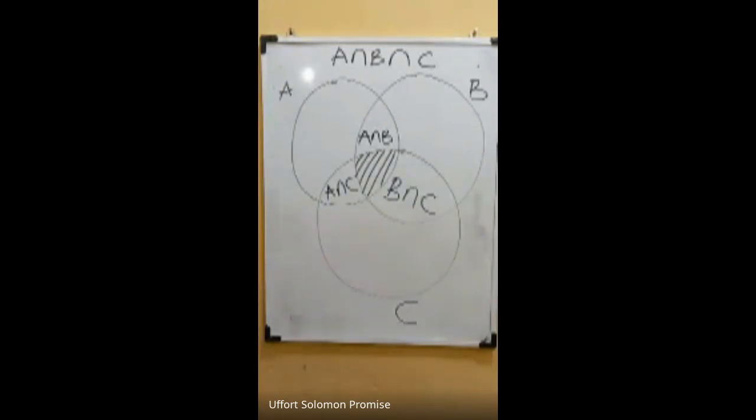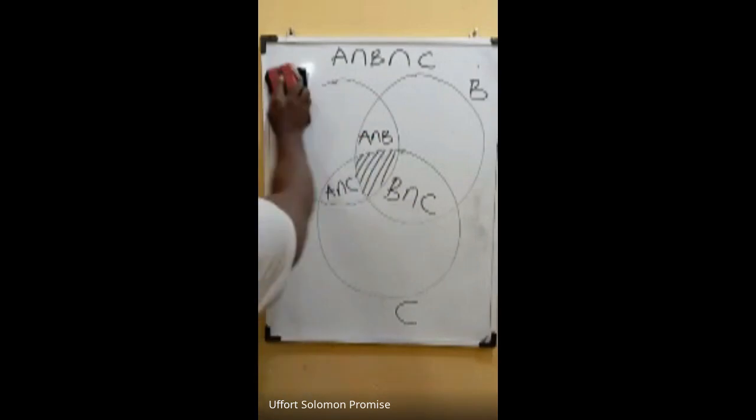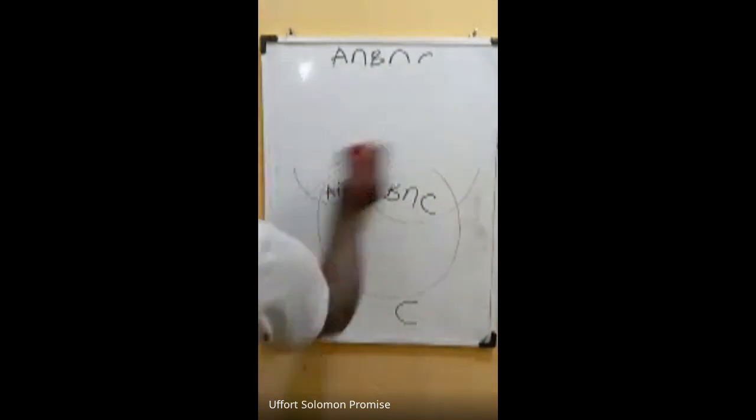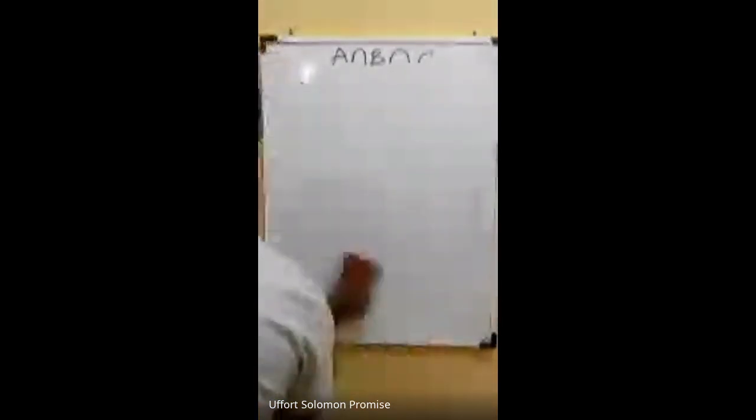So we can now push ahead. Like we are saying, the three-set Venn diagram is used to represent three overlapping sets. Aside from overlapping sets, it can also represent disjoint sets. I just finished talking about a disjoint set.